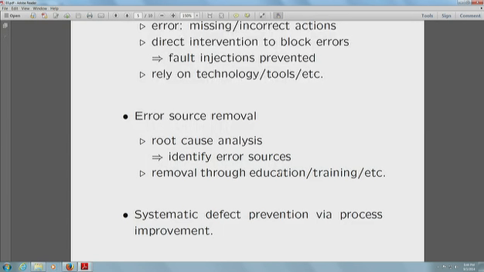So that is the place where you can do some education, some training. Okay, I also mentioned the interface problem.